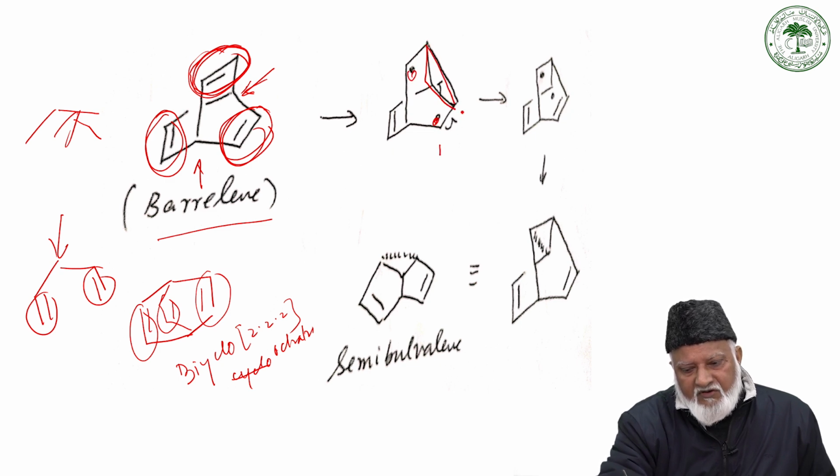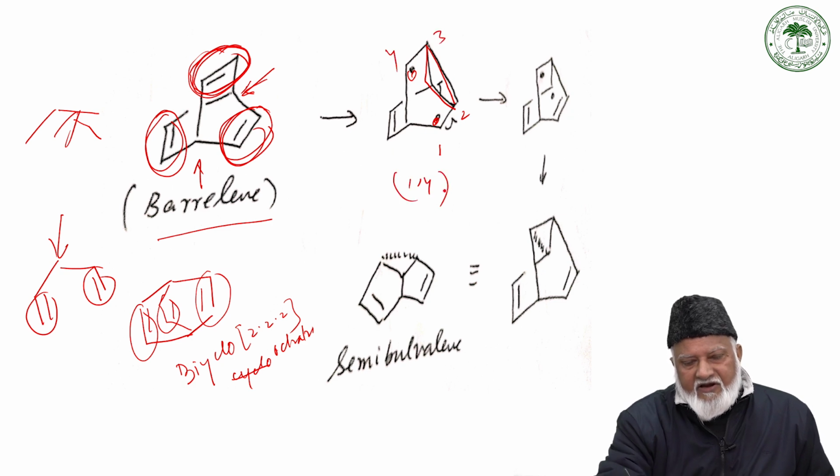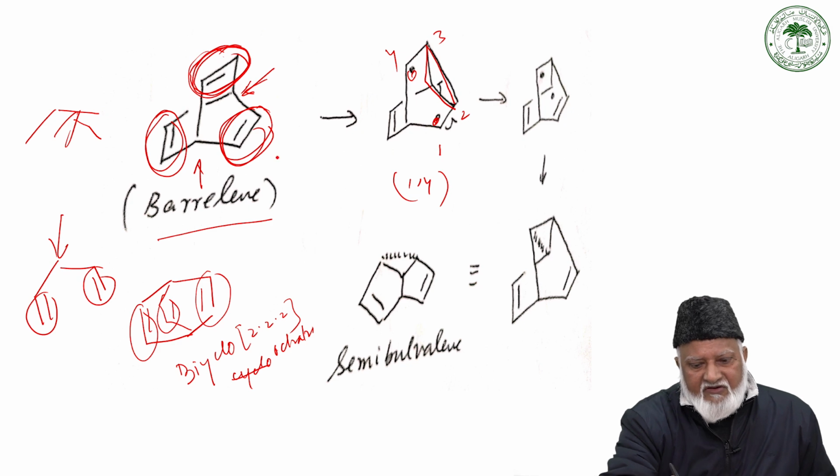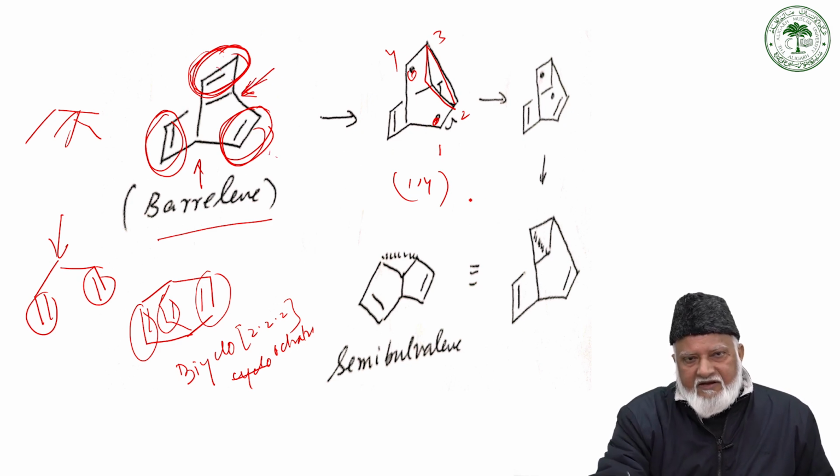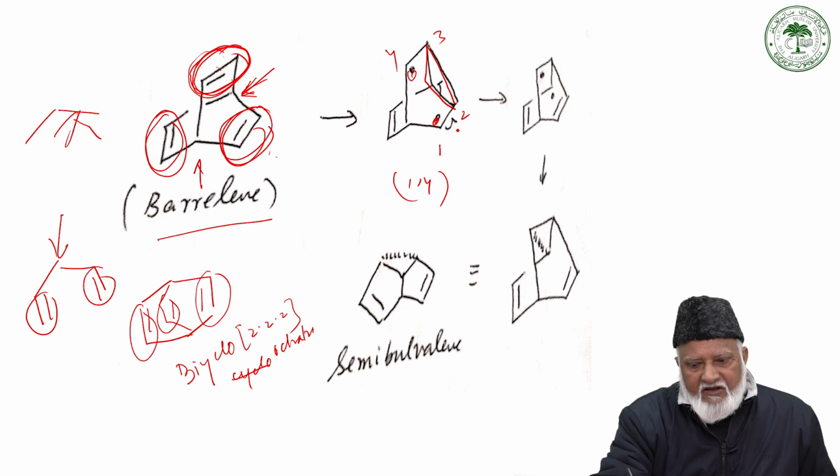So 1, 2, 3 and 4. It is a 1,4 diradical with the formation of a cyclopropane ring, considering these two double bonds which are separated by a methylene group.